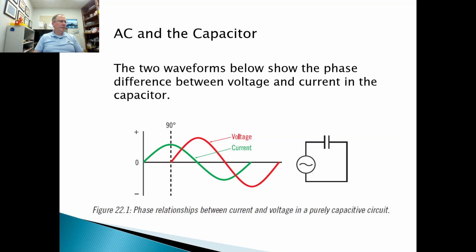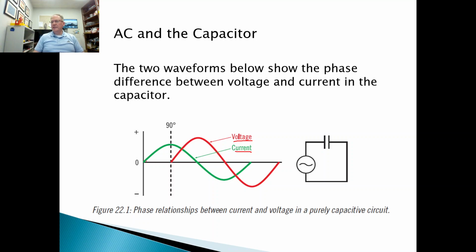So here's a simple AC voltage source with a capacitor, and it shows the voltage is the red line here, right? This is voltage, and the current is the green line.